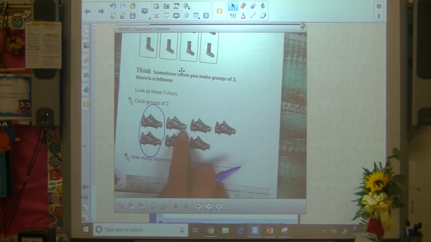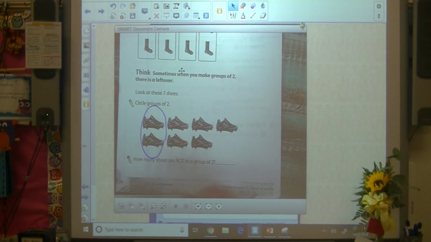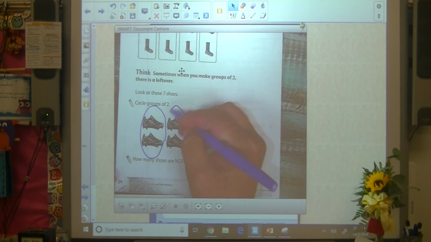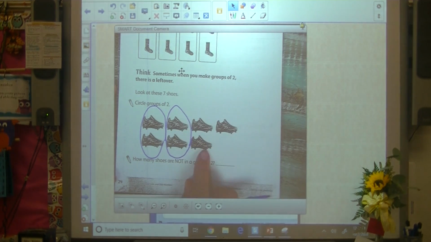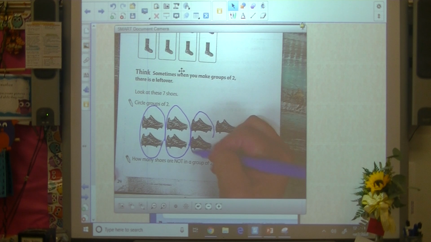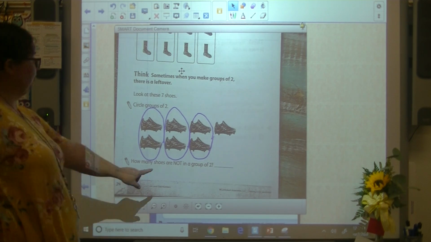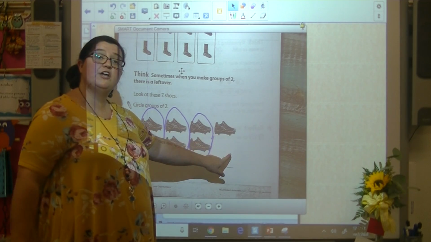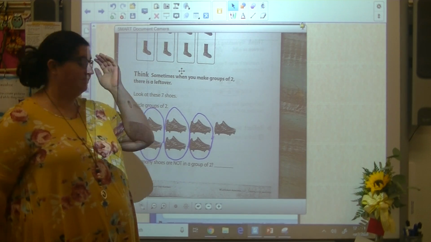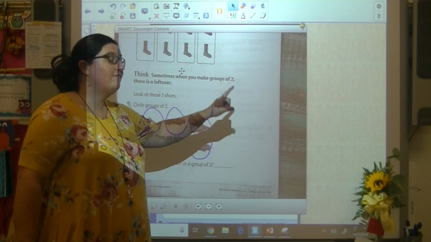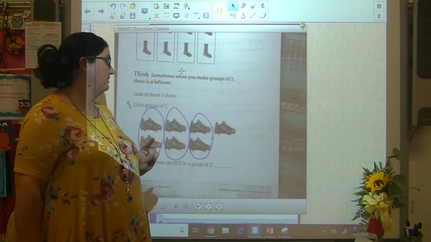And we have another set here. So I'm going to circle it. We have another set here. And now, look here. Do I have another set? I have 1 shoe left.